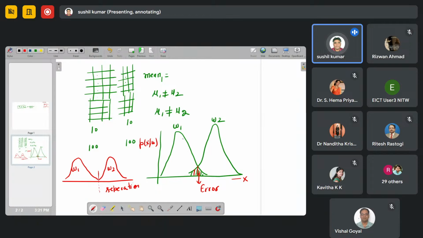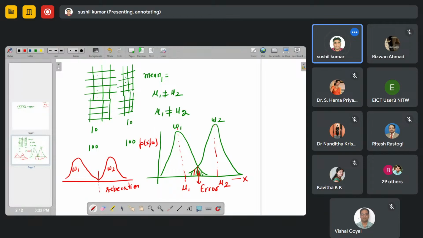And how can you calculate this portion? Suppose you have mu1 here, a mean value, and this is also a mean value. If the separation is large, then error decreases. If the separation is small, then error will increase.